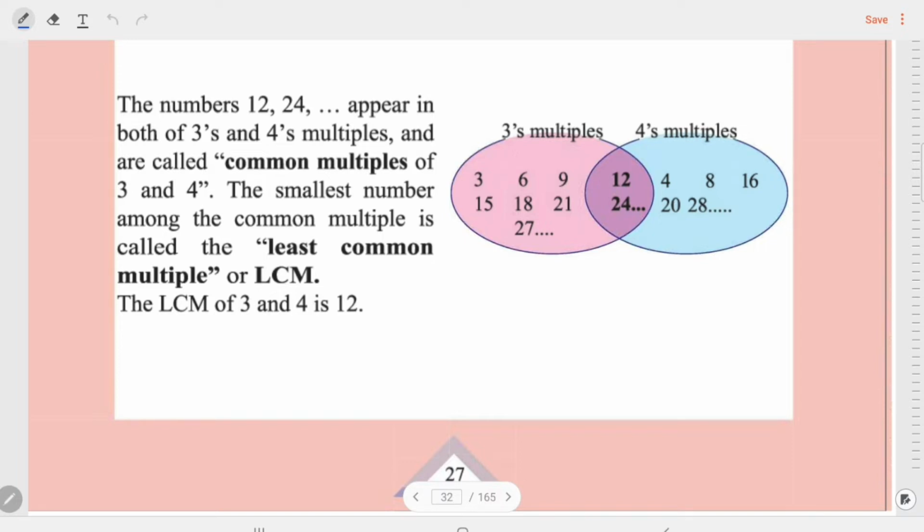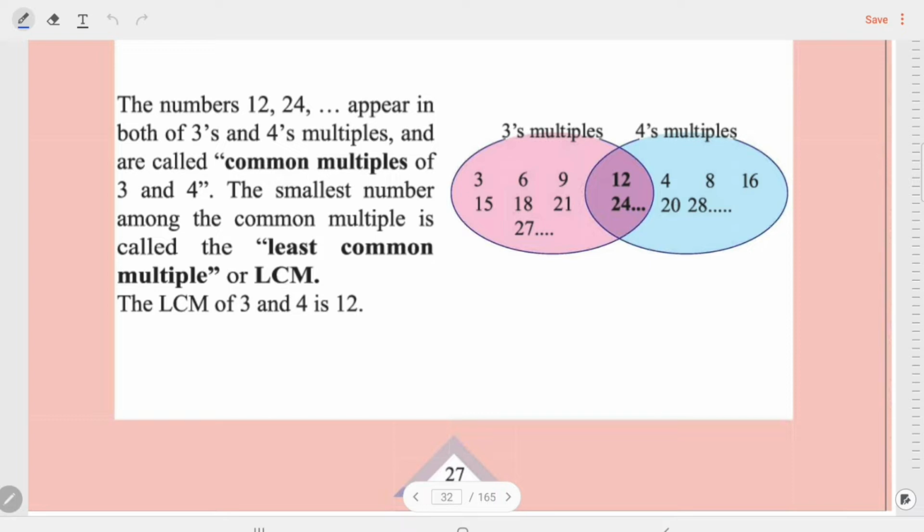The numbers 12 and 24 appear in both 3's and 4's multiples, and are called common multiples. For example, the numbers 12 and 24 appear in both the multiples of 3 as well as 4. So these are the common multiples. 3 4 is 12, 3 8 is 24, 4 6 is 24, like that.